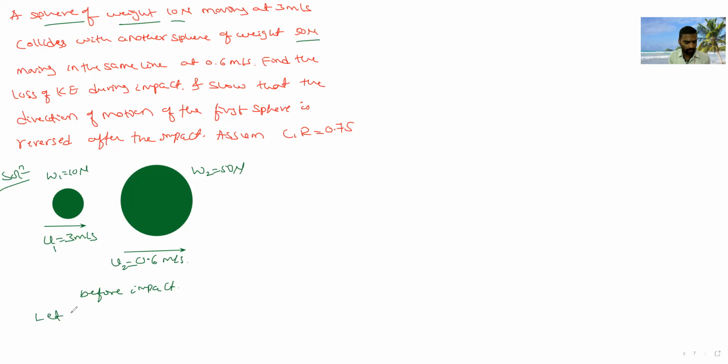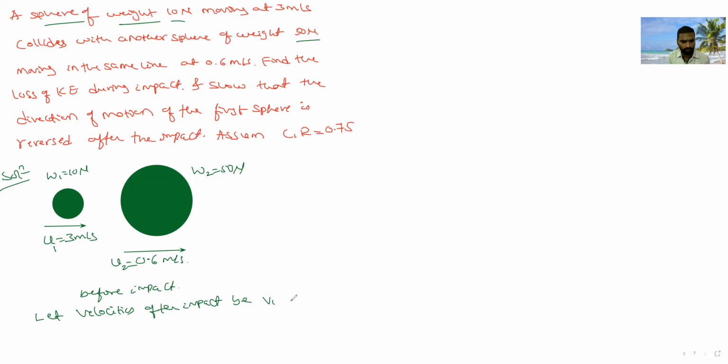Let the velocities after impact be V1 and V2.